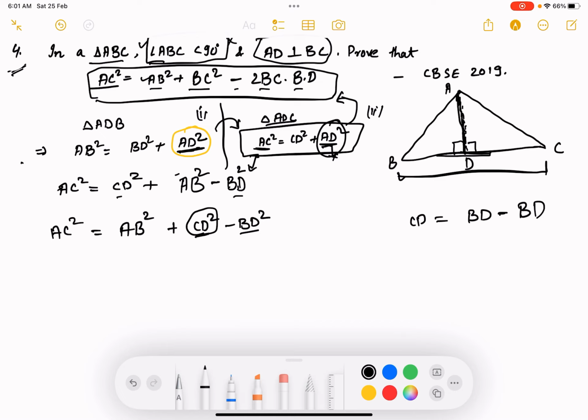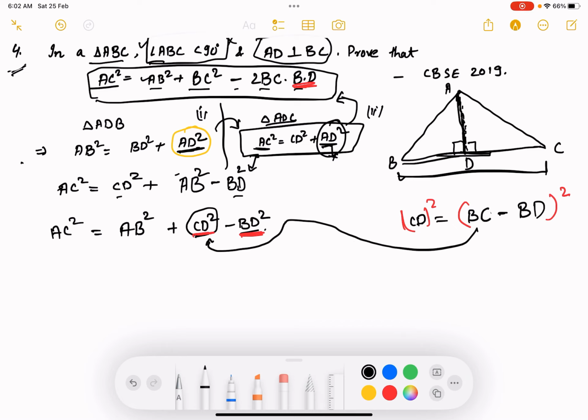Why are we eliminating CD? Because BD we have in our final equation. So I leave BD as it is and CD I will substitute. CD whole square will be BC minus BD whole square. BC minus BD is CD. So let's substitute this value.